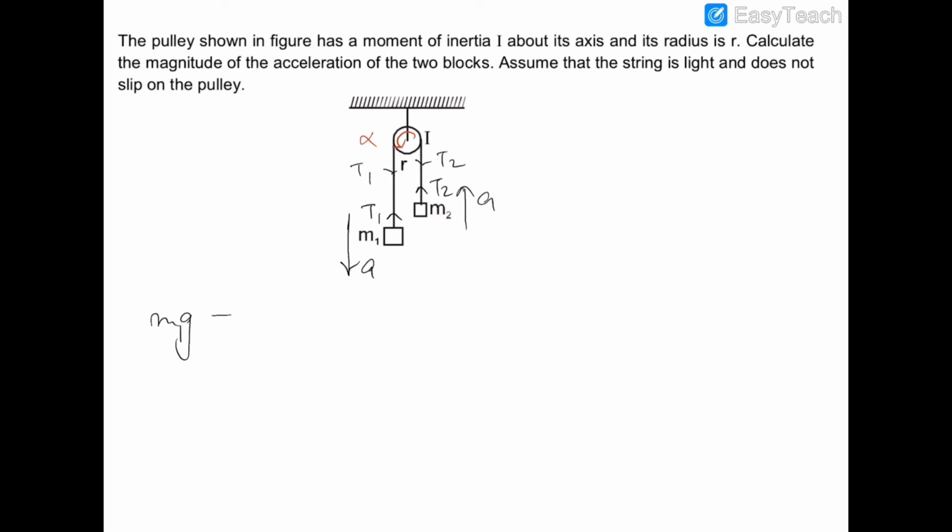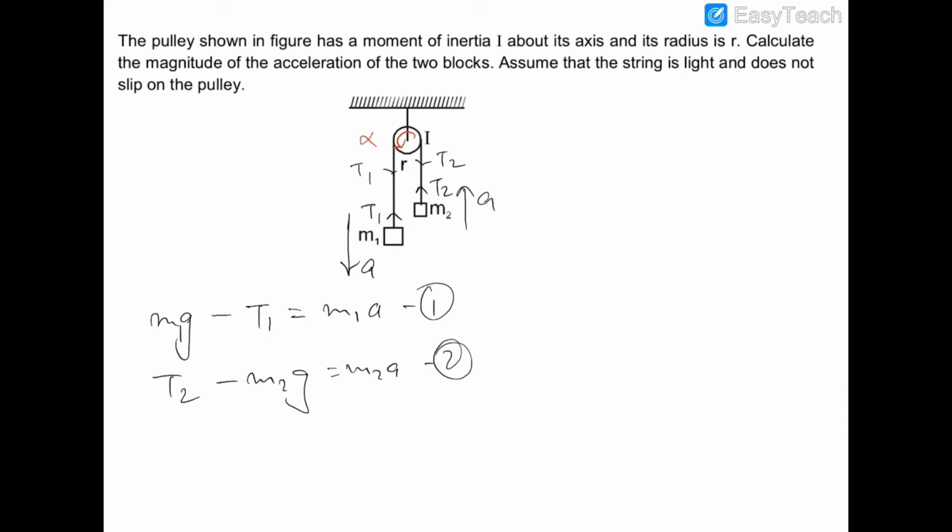So this is m1g minus T1 is equal to m1a. This is the first equation, and for m2, this is T2 minus m2g is equal to m2a. This is the second equation.